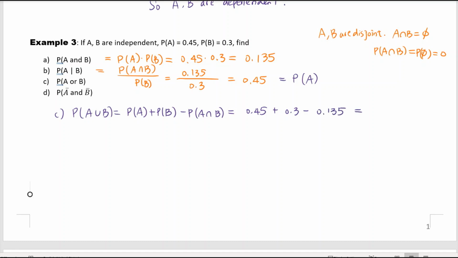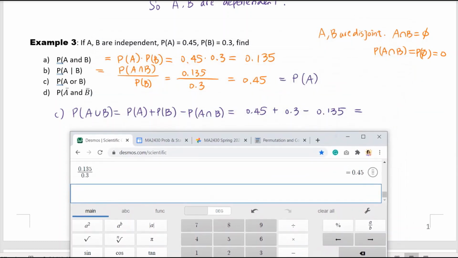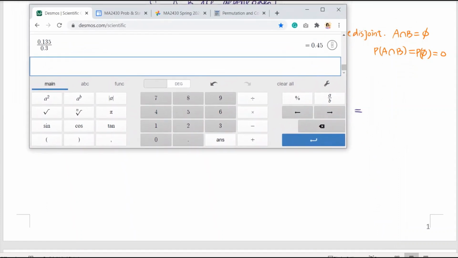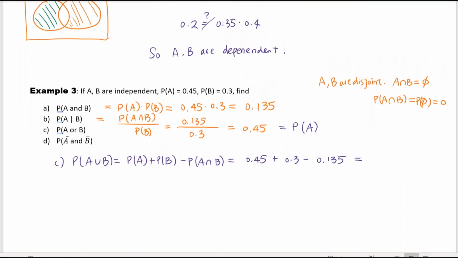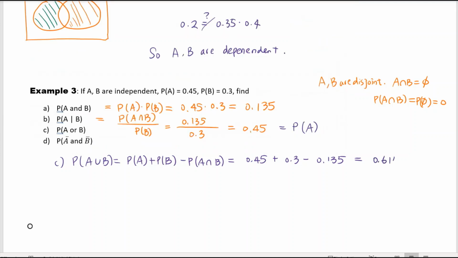Okay, so put this in our calculator: 0.45 plus 0.3 minus 0.135. So 0.615. Okay, so this is part C.